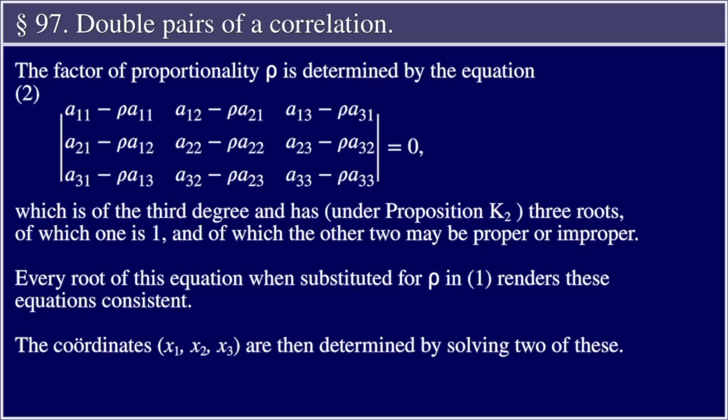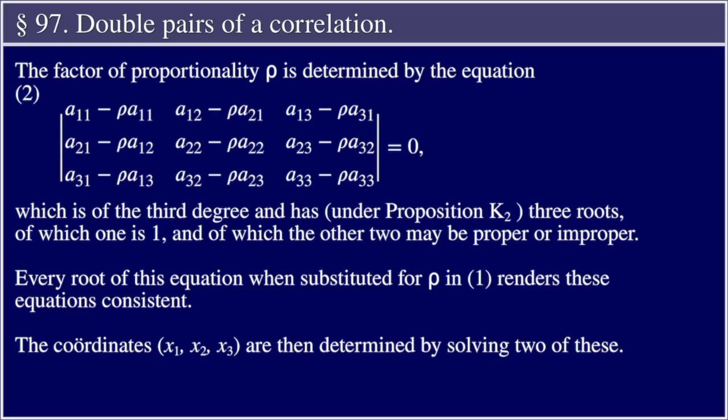The determinant with columns (a11 − ρa11, a21 − ρa12, a31 − ρa13), (a12 − ρa21, a22 − ρa22, a32 − ρa23), (a13 − ρa31, a23 − ρa32, a33 − ρa33) equals 0, which is of the third degree and has, under proposition K2, 3 roots, of which one is 1, and of which the other 2 may be proper or improper.